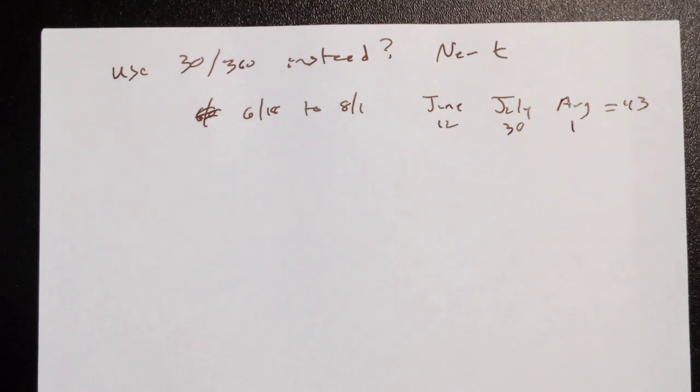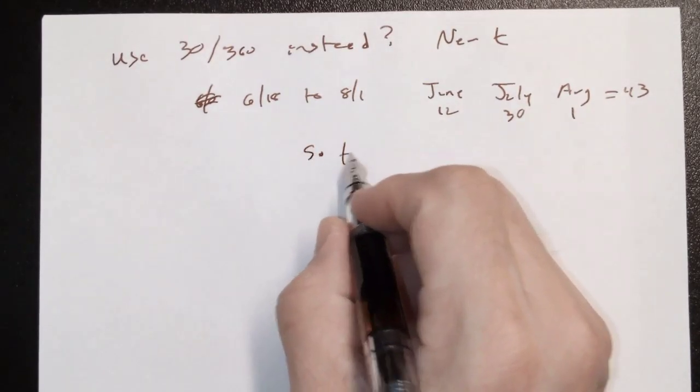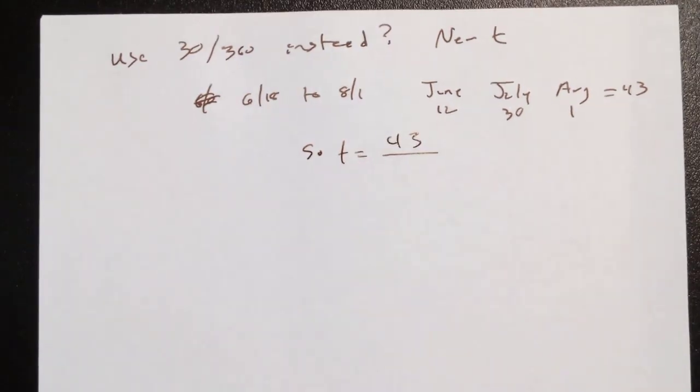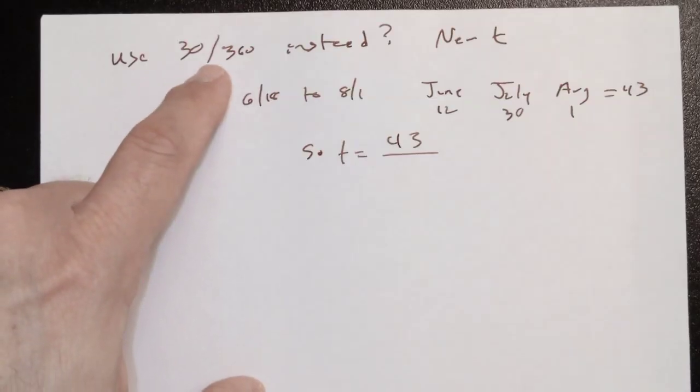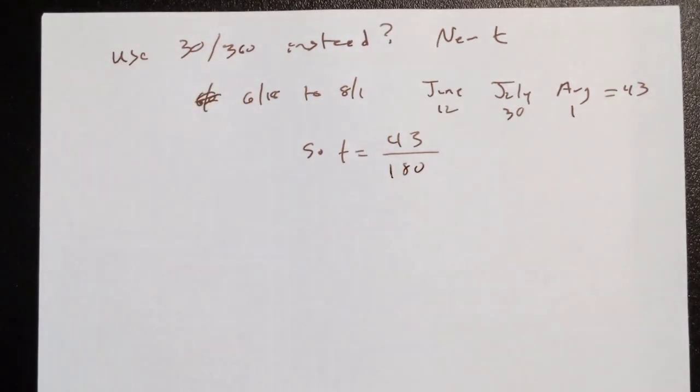Period's the same every time. What's the denominator of that fraction? A year is that long, but our period is half a year. Because you were looking at me because I couldn't hear you start the 180.